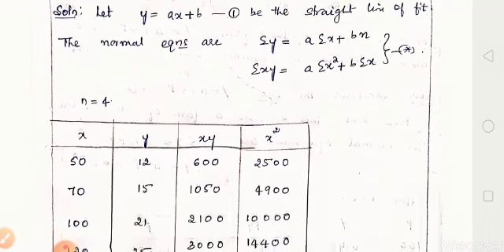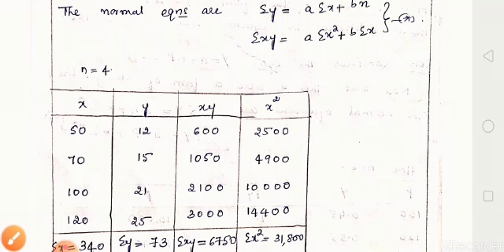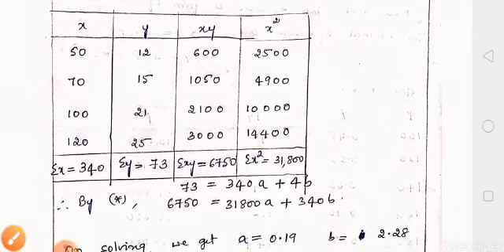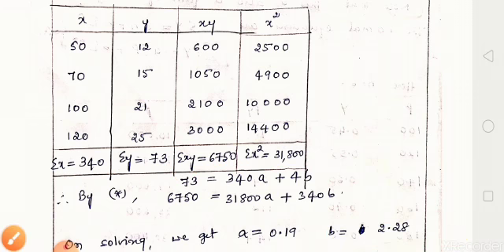Now we will prepare a table with the columns x, y, xy and x square. After completing each and every value, sum every column. So we will get summation x equal to 340, summation y equal to 73, summation xy equal to 6750 and summation x square as 31800.